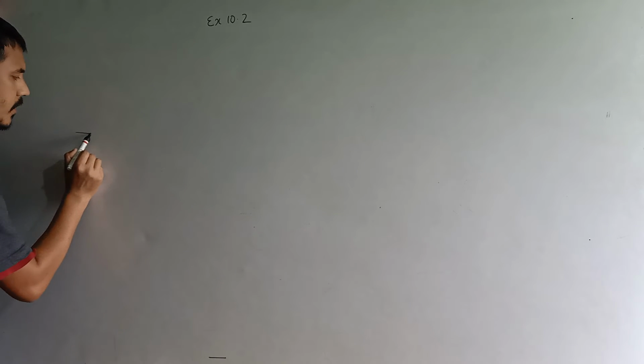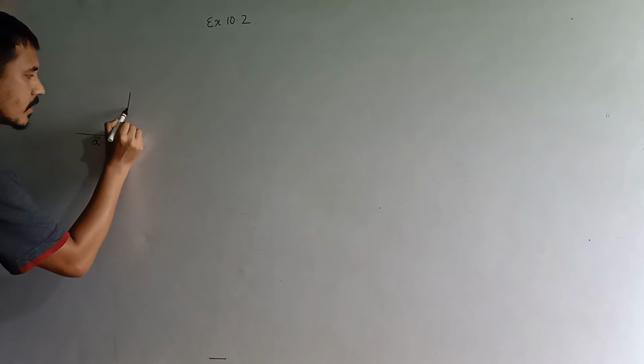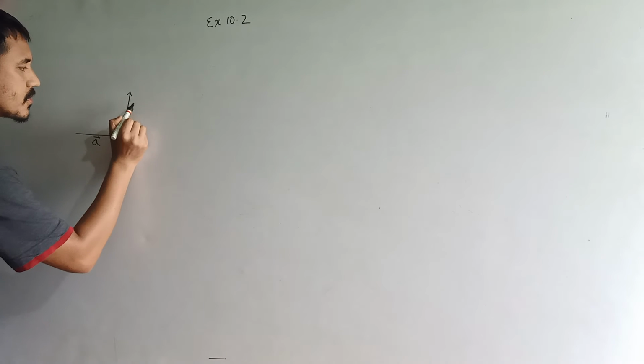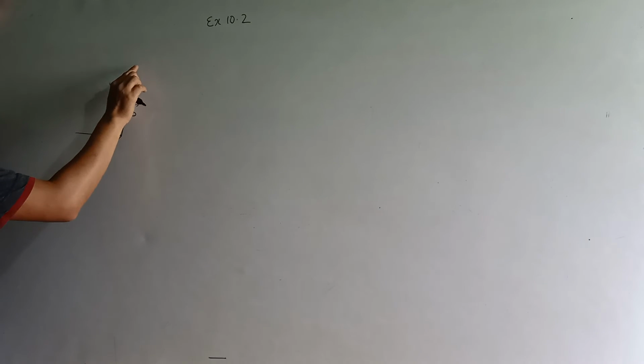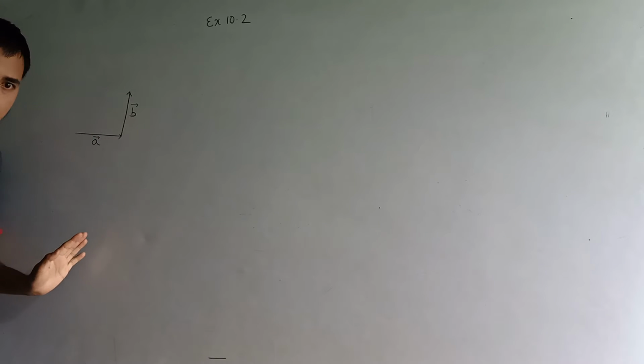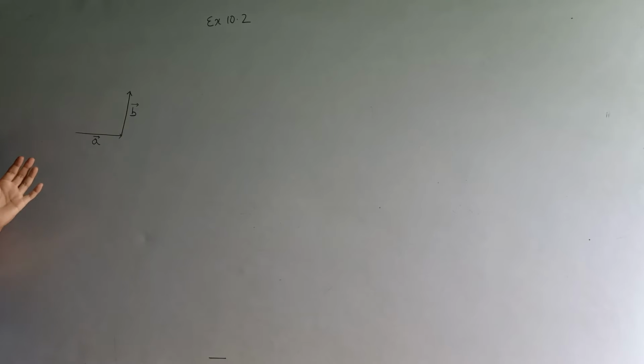Suppose two vectors are represented by two adjacent sides of a triangle in this order. They do not have the same initial point, alright?